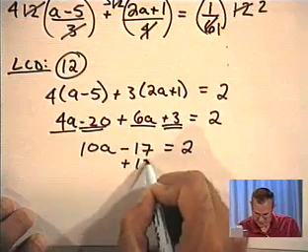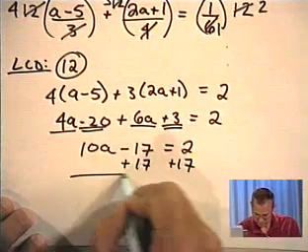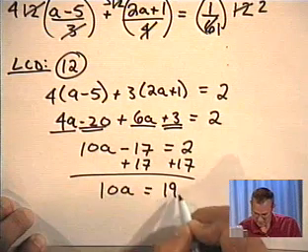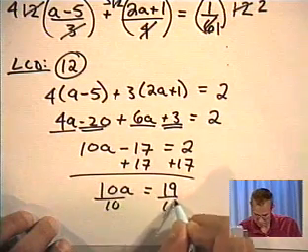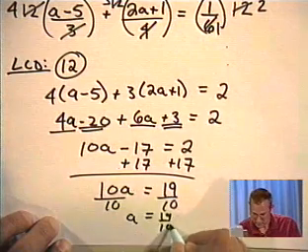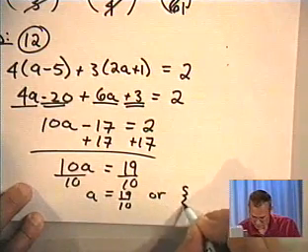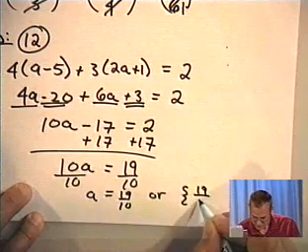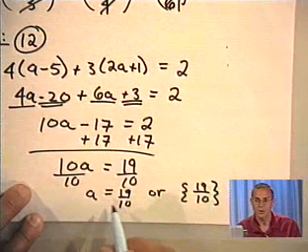So we can add 17 to both sides. 10a is equal to 19. And then finally dividing by 10, a is equal to 19/10. Remember, some textbooks like this notation, that the solution set is just the element 19/10.